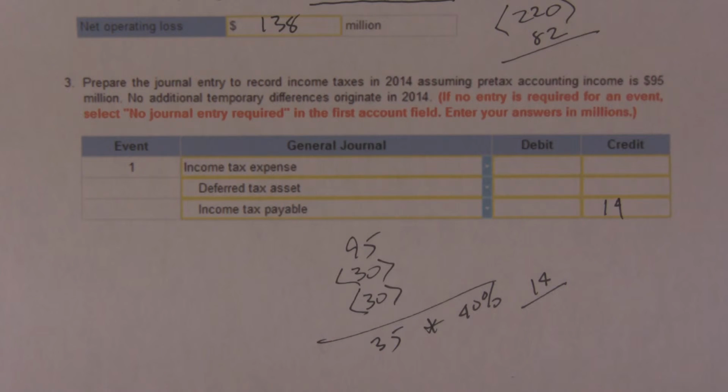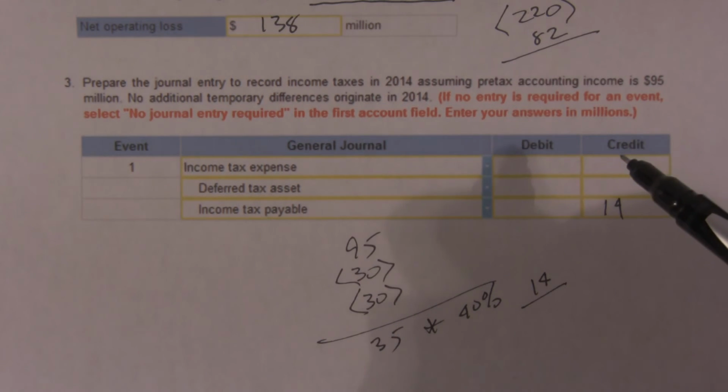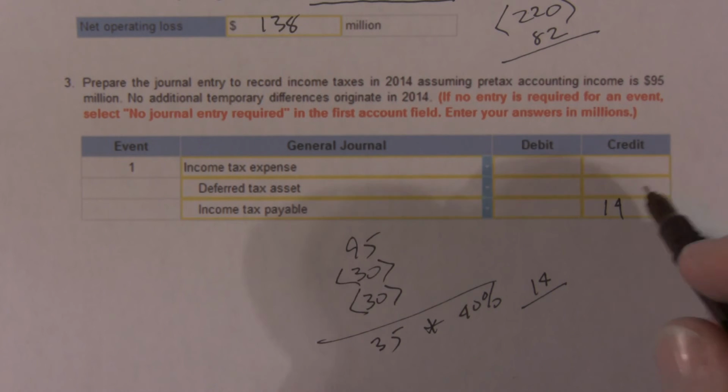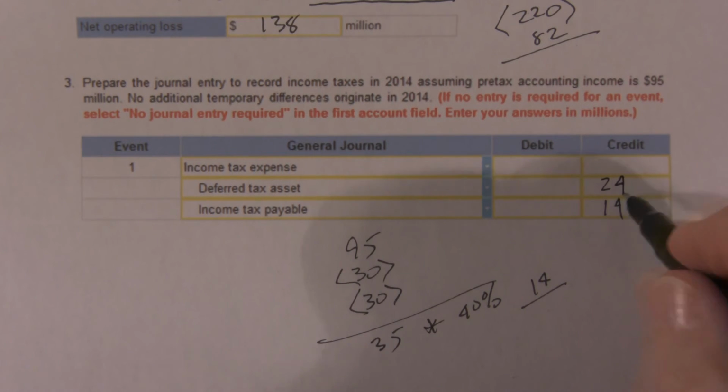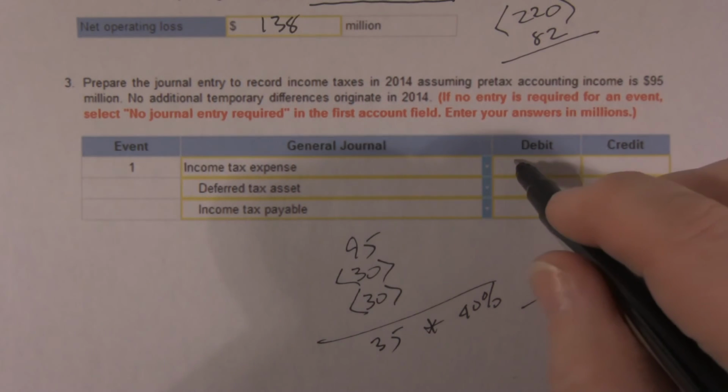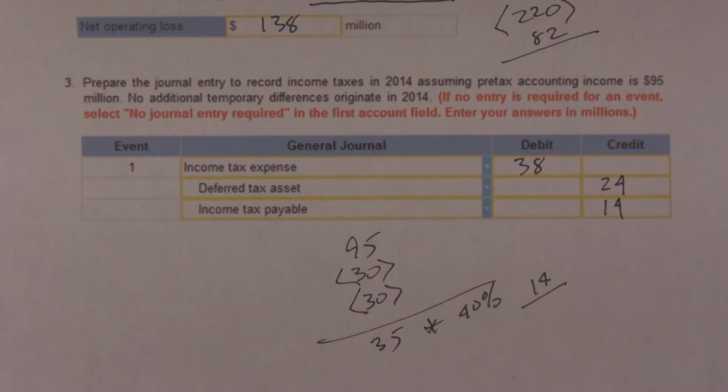Now let's take a look at what else we have. The deferred tax asset we used up. Okay, we've used up that $24 million of the deferred tax asset, and our income tax expense is the total 38.